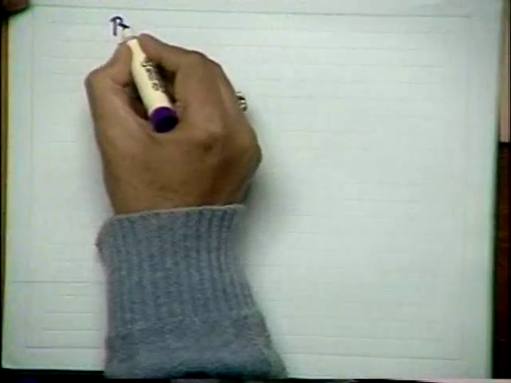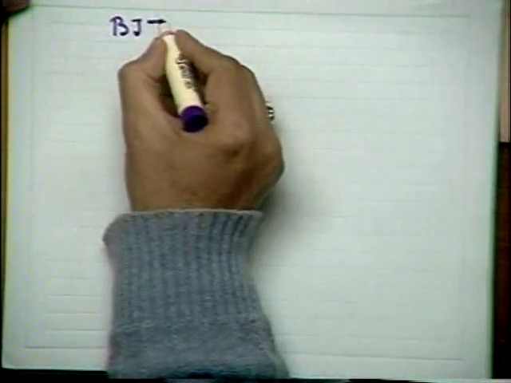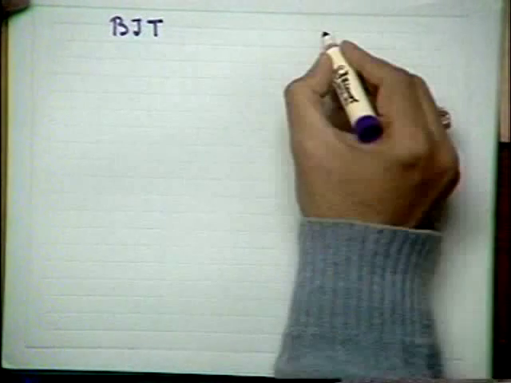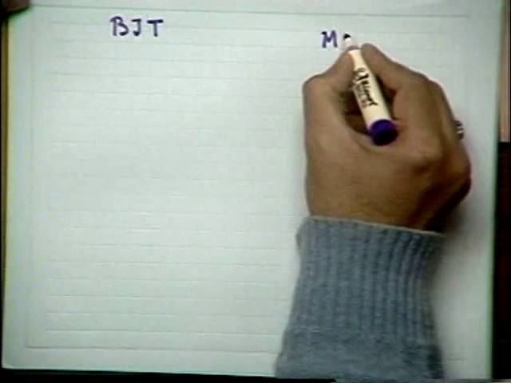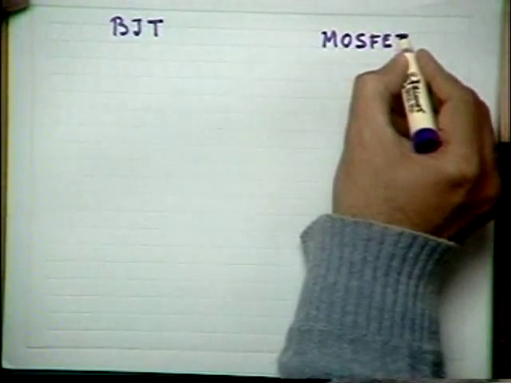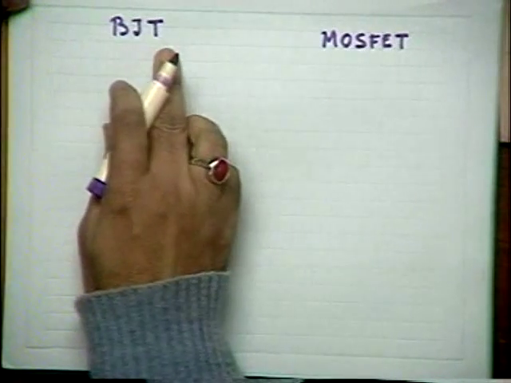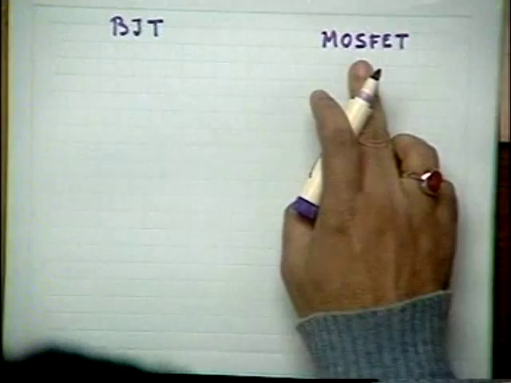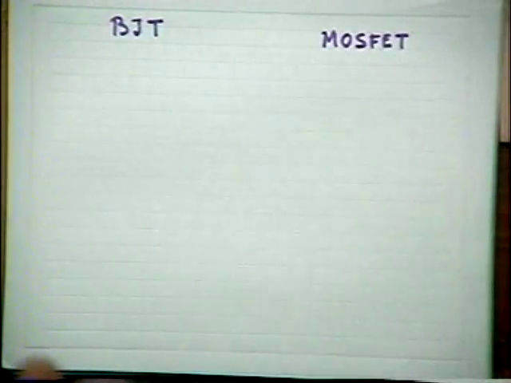As you know, there are two basic components. One is the bipolar junction transistor, the other is the MOSFET, the metal oxide semiconductor field effect transistor.